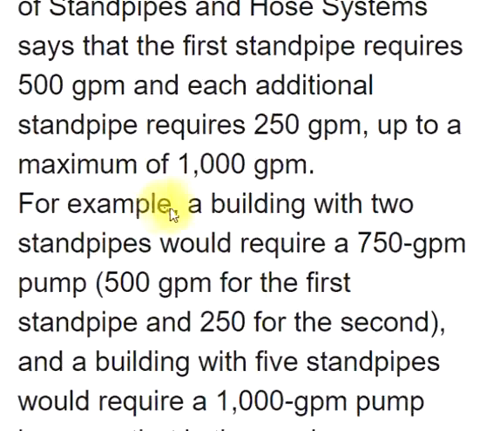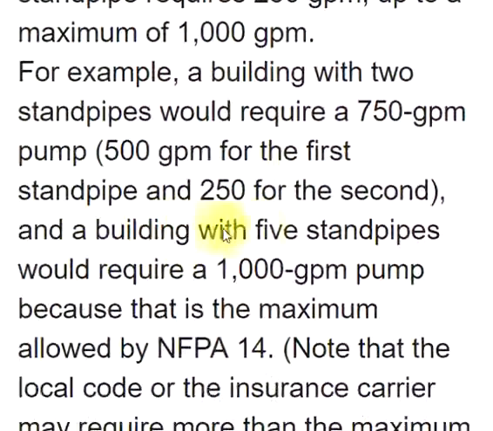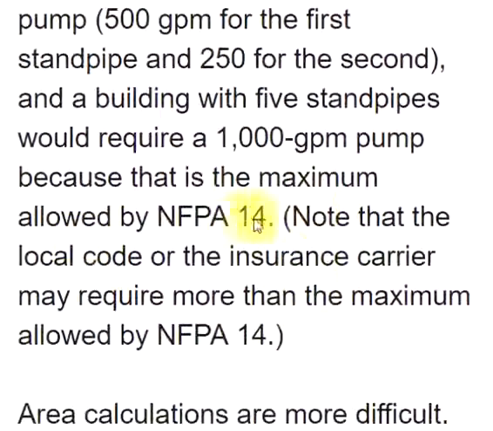For example, a building with two standpipes would require a 750 GPM pump, 500 GPM for the first standpipe and 250 for the second, and a building with 5 standpipes would require a 1,000 GPM pump because that is the maximum allowed by NFPA 14.